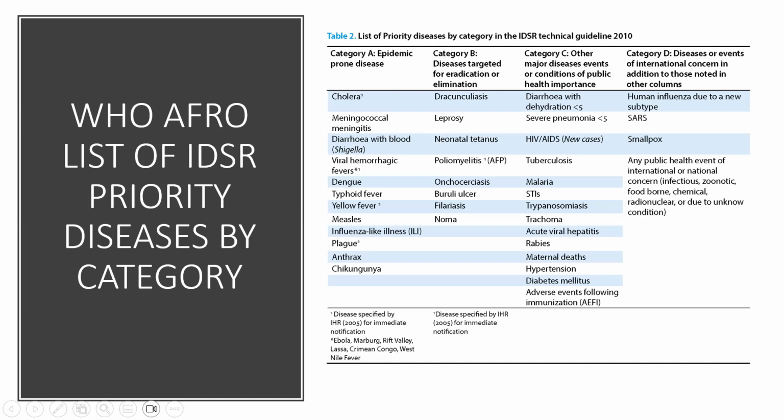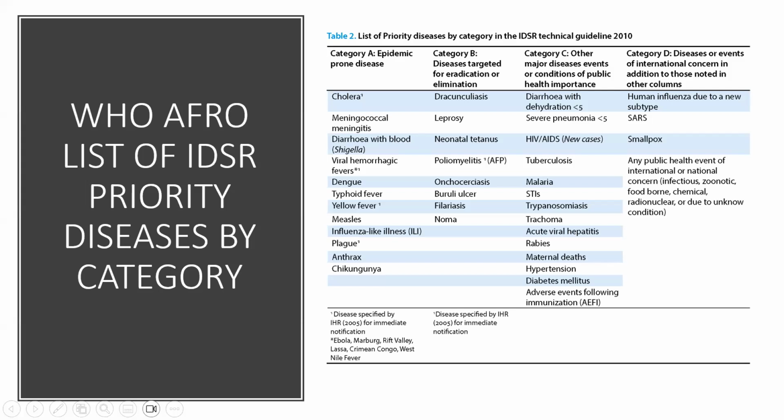And then the fourth category are diseases or events of international concern. This is where COVID comes in. This is where monkeypox comes in. This is where Ebola comes in.